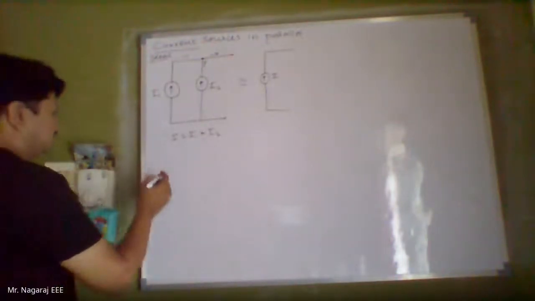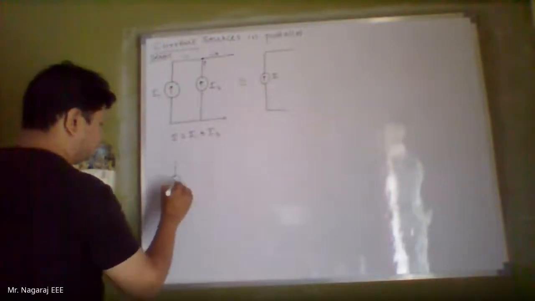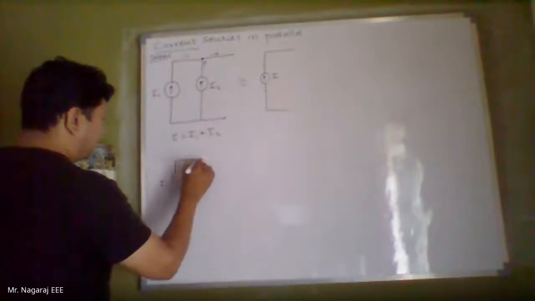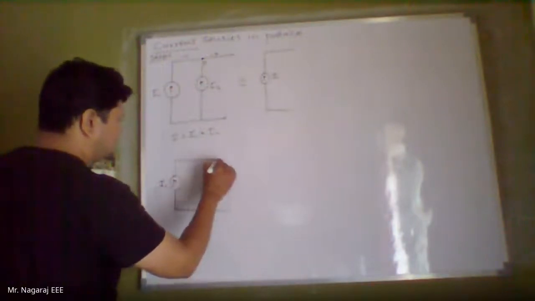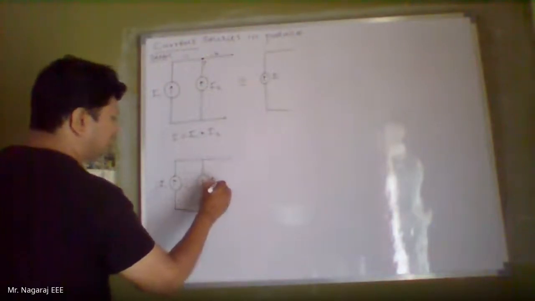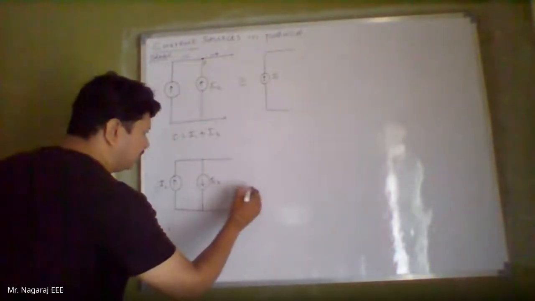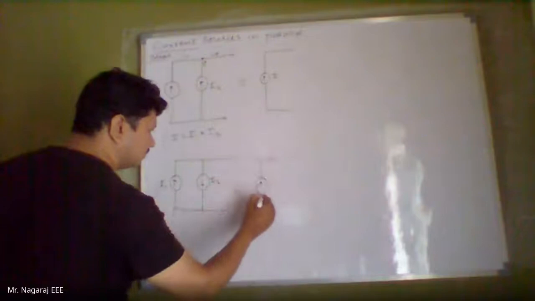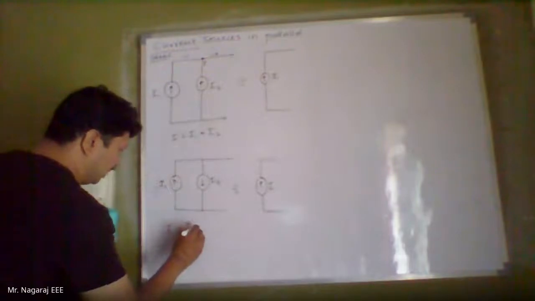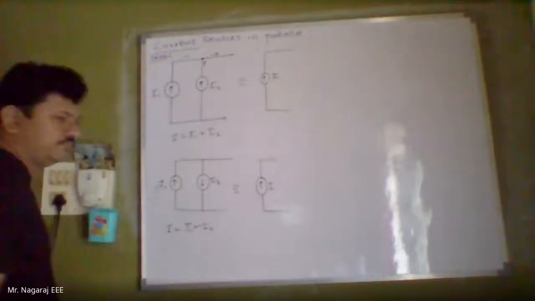Now if they are opposite, let this be I1, and I2 is flowing opposite to that of I1. Then this is equivalent to a single source I, where I is equal to I1 minus I2.